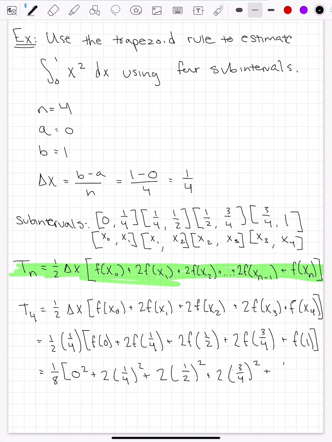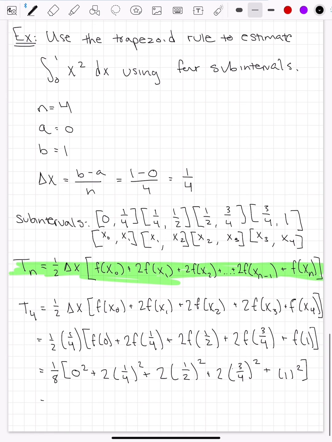So what do we get? We have 1/8, and then 0 squared is just 0. 1/4 squared is 1/16, times 2 is 2/16.